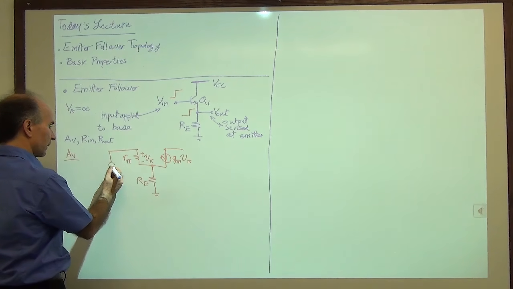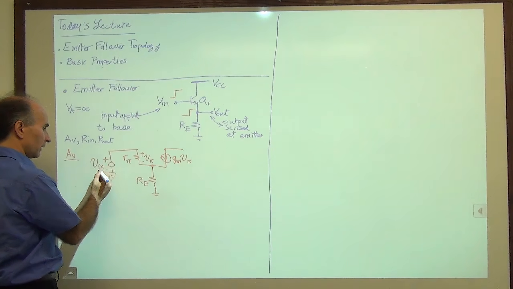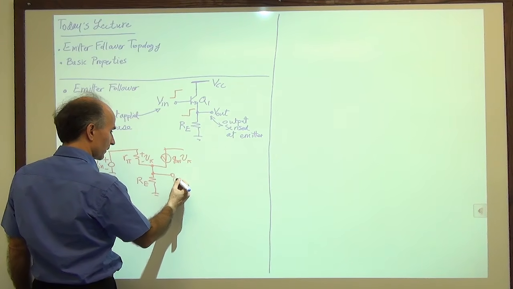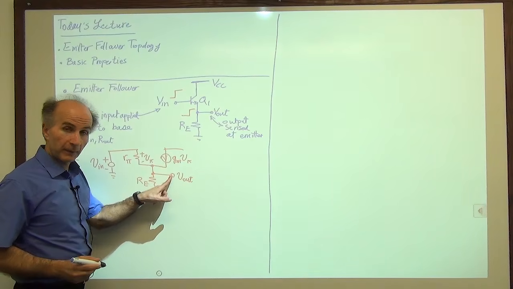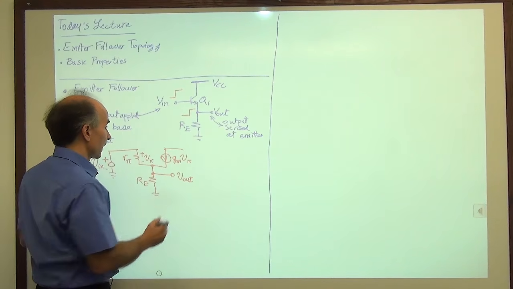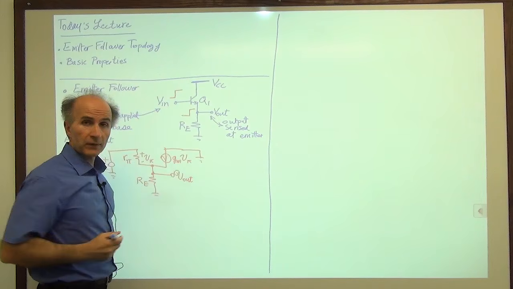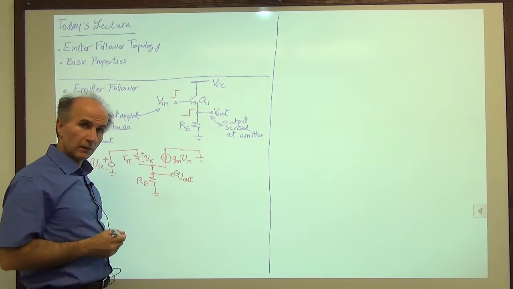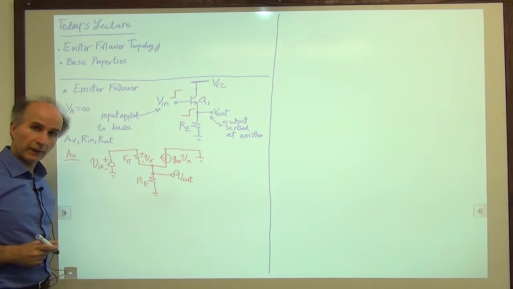Our input is applied to the base, so that's small signal input V in. The output is sensed at the emitter, so this is V out, which we really mean is the voltage from here to ground. And the collector is grounded, because it goes to the power supply that doesn't change with time, so its change is 0, so it is grounded. So this is the circuit we want to analyze.